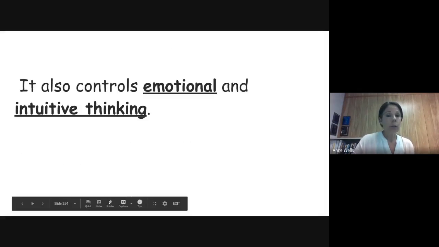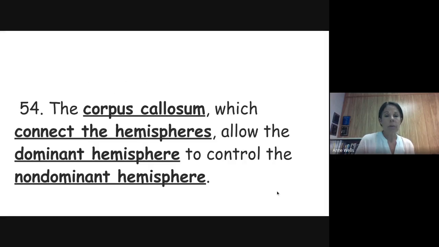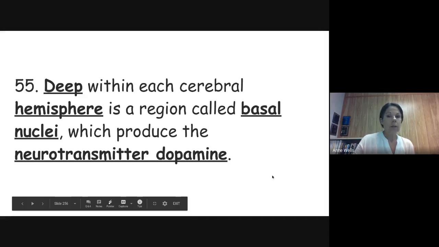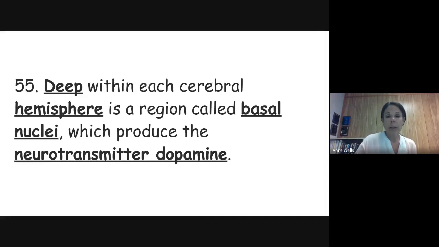It also controls emotional and intuitive thinking. Number 54, the corpus callosum, which once again connects the hemispheres, allows the dominant hemisphere to control the non-dominant hemisphere. Deep within each cerebral hemisphere is a region called basal nuclei, which produce the neurotransmitter dopamine.